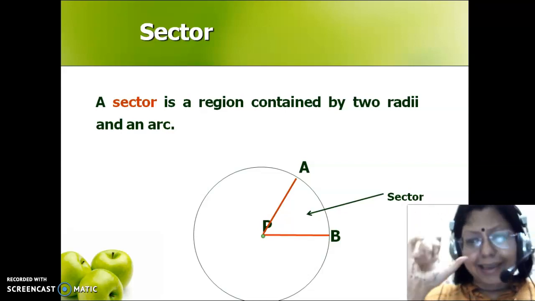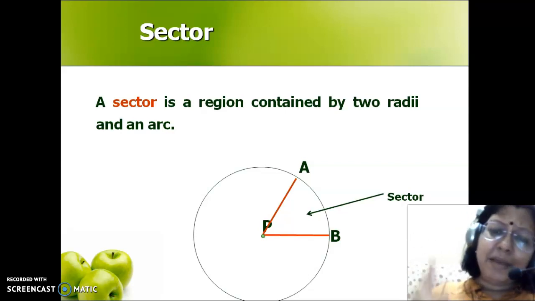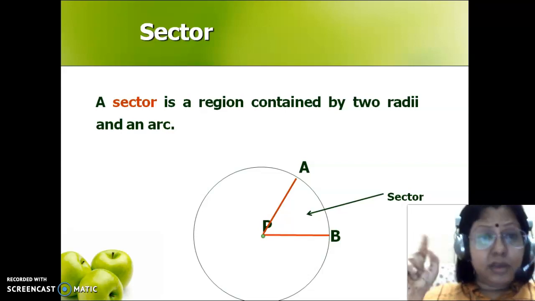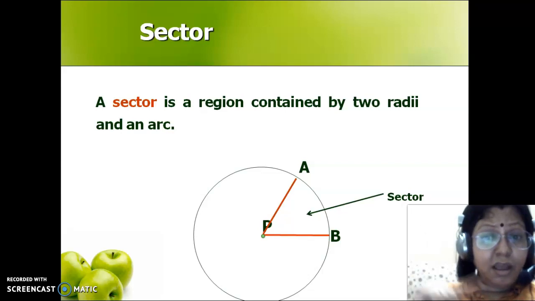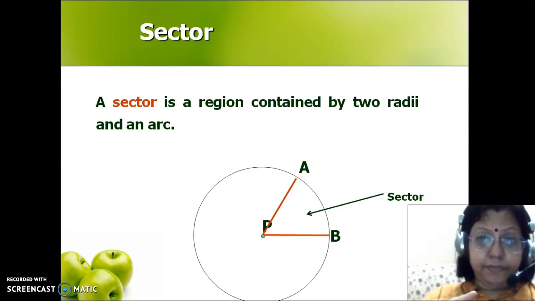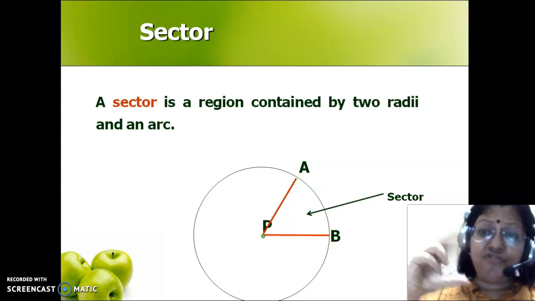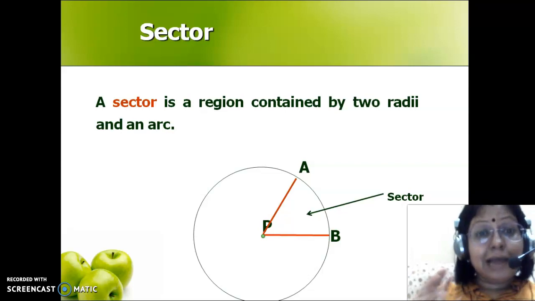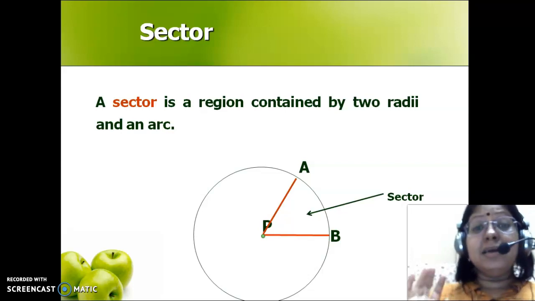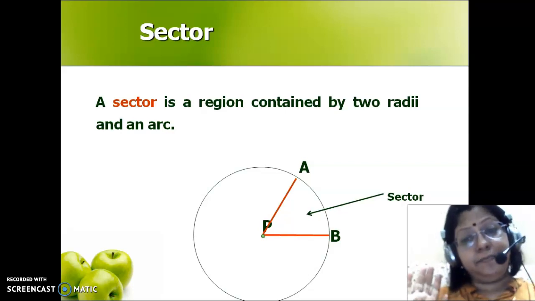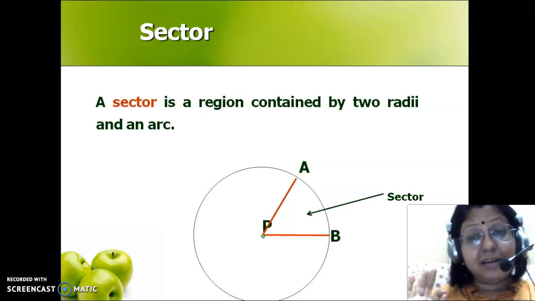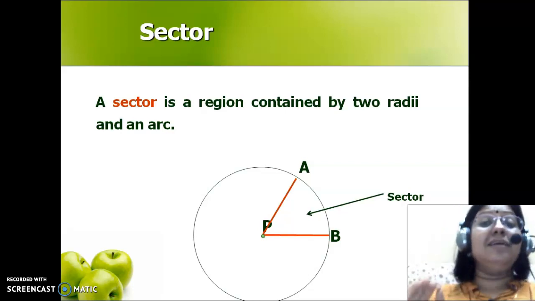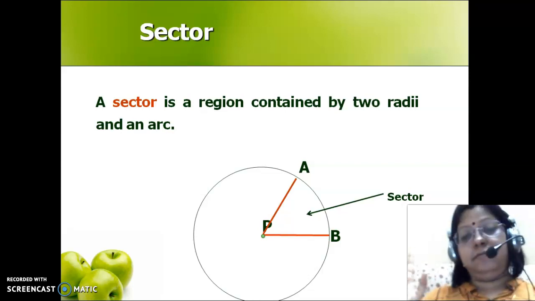So my AP is a radius and my BP is a radius. When I am joining both, my AP and my BP, then there is a region between my radii and my arc AB. That region is nothing but sector of a circle. So how to name the sector? Sector APB.